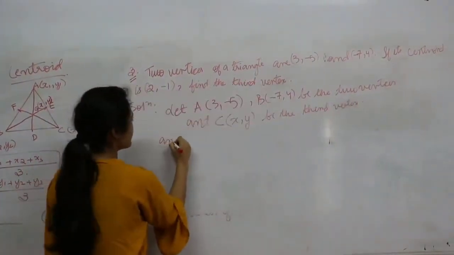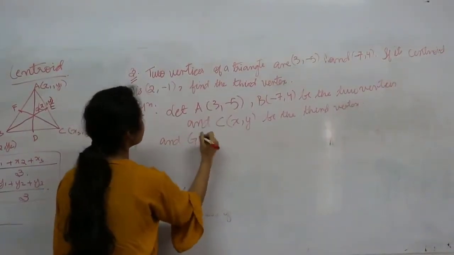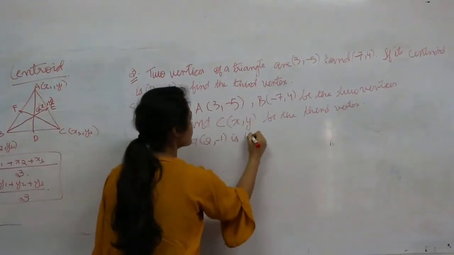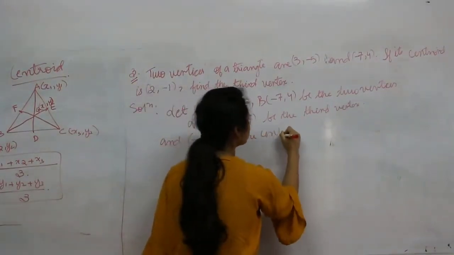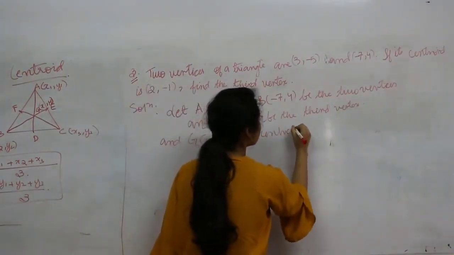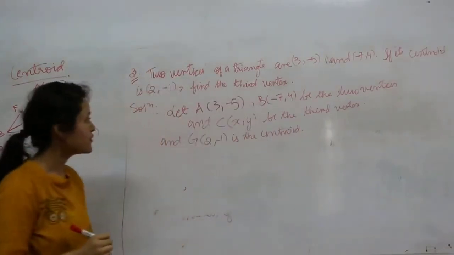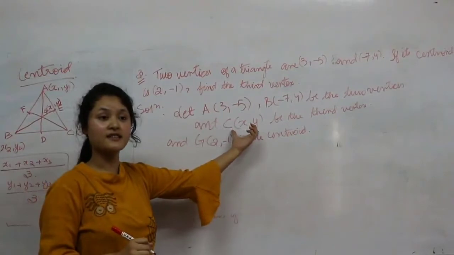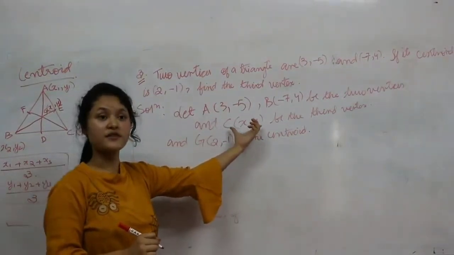And also given that G having coordinates (2, -1) is the centroid. Okay. Here, centroid is given, but the third vertex is not given to us.